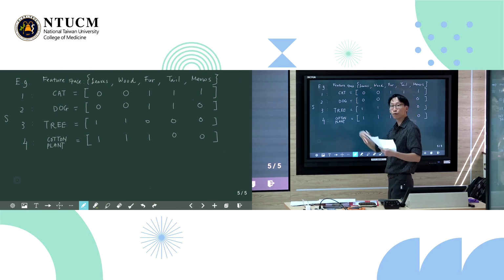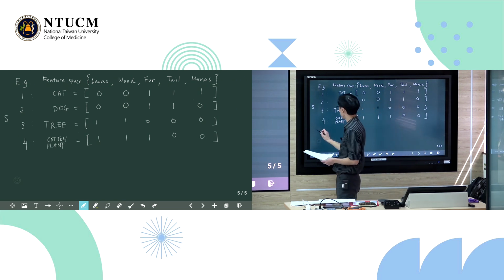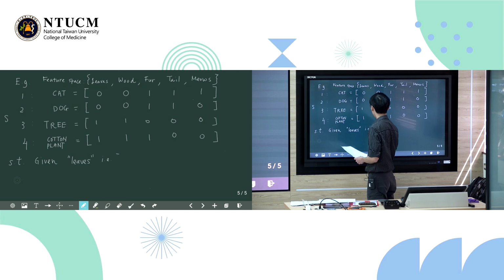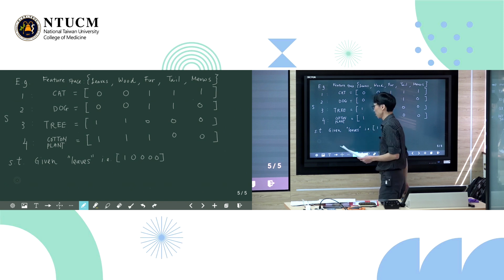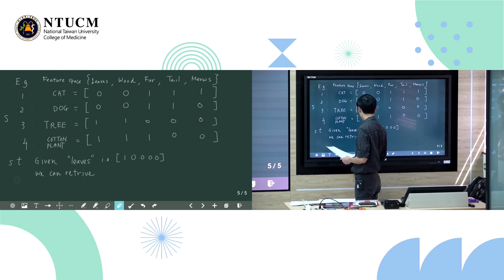So that is the information outside that we want to write into our system such that, given leaves, we can retrieve.